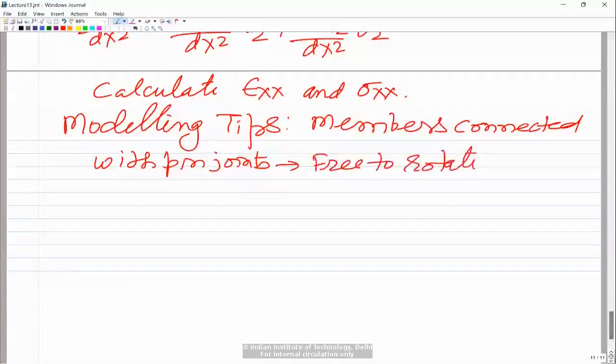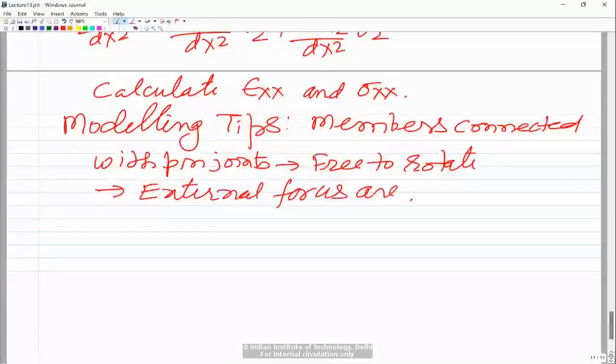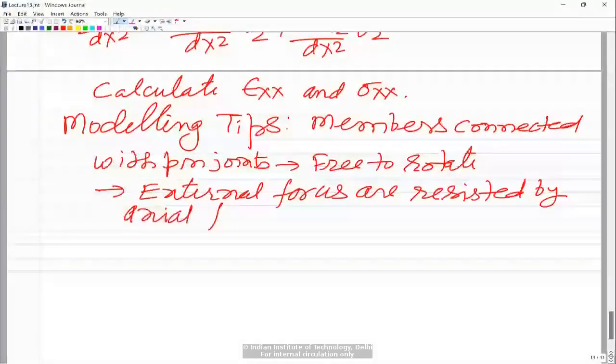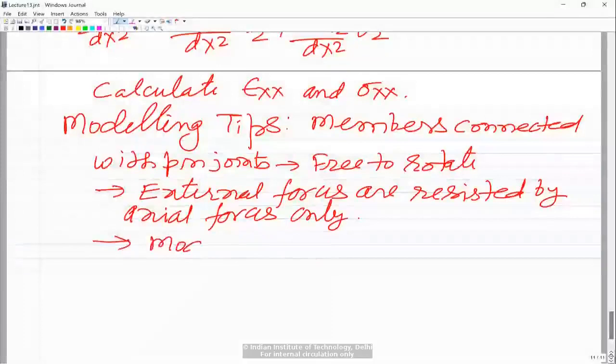If they are free to rotate, whatever external forces are coming are registered by axial forces only in the local element coordinate system. So such members you will model using truss element.